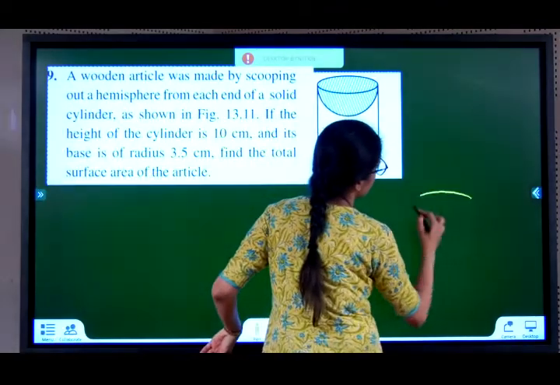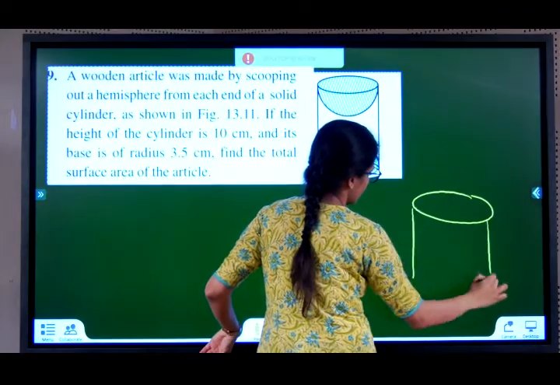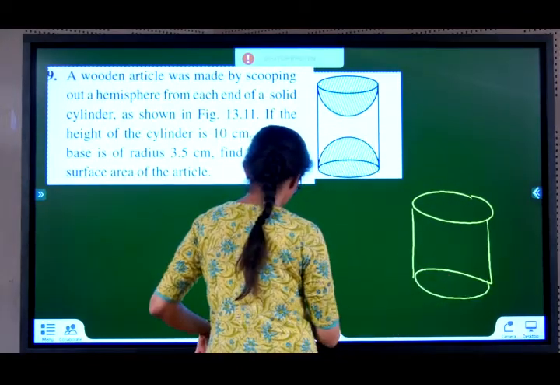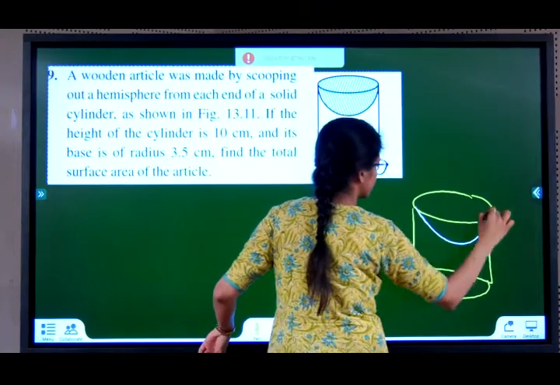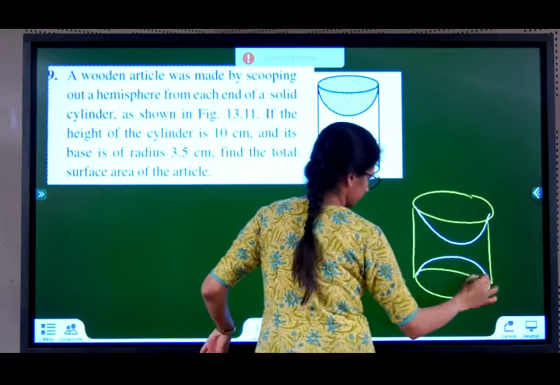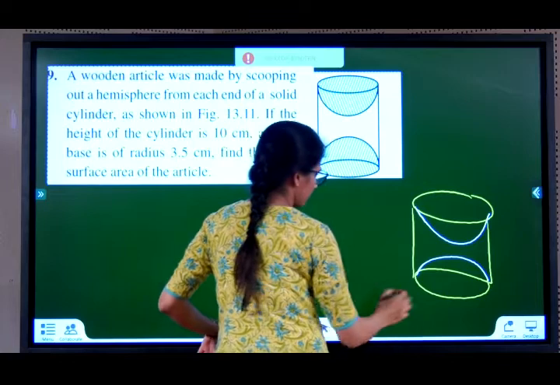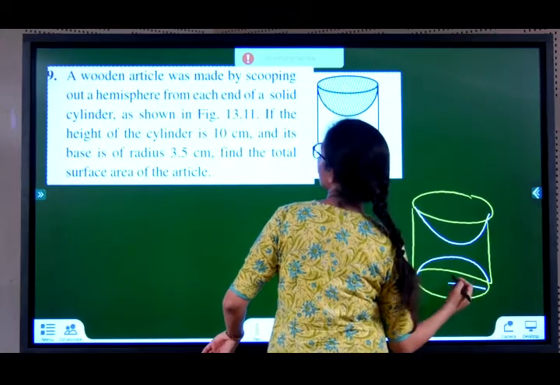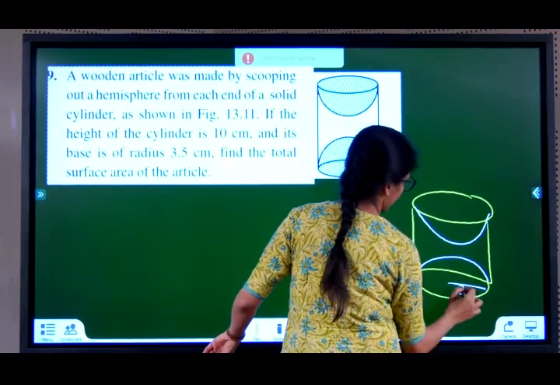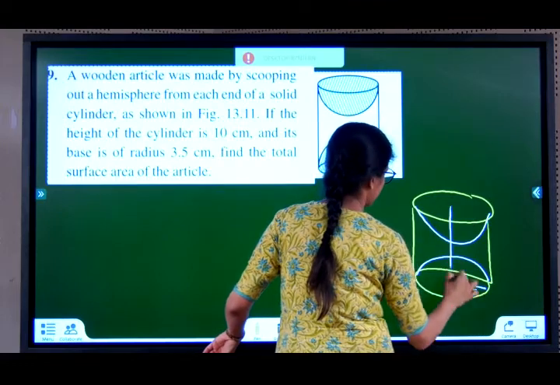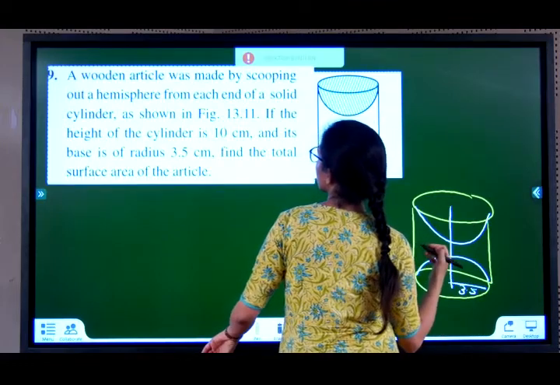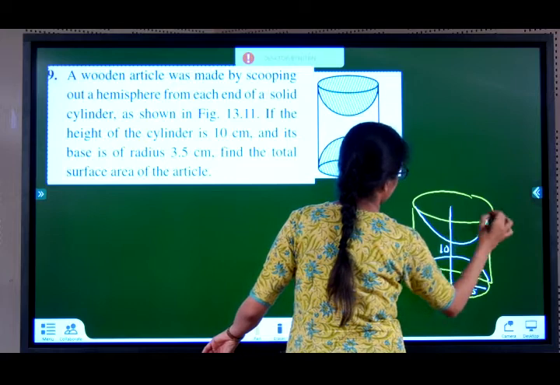So this is how the figure looks. Redrawing it. It is given here that the base radius is 3.5 and height of the article is 10 centimeters. That means this is 10.